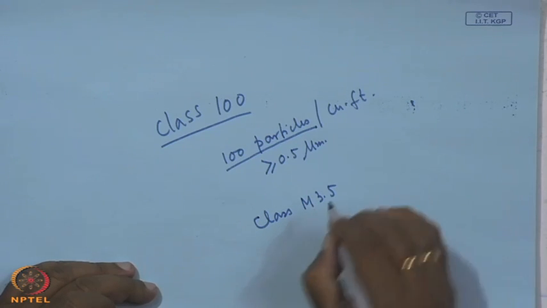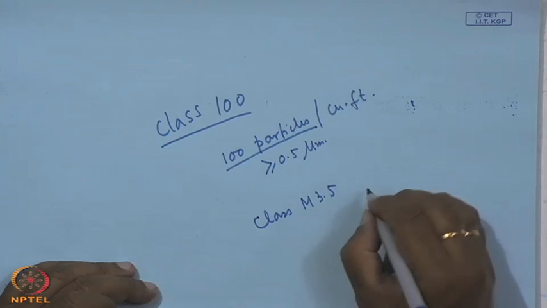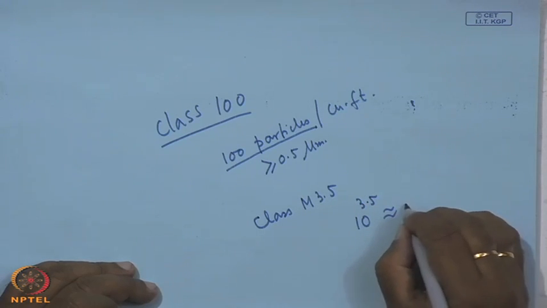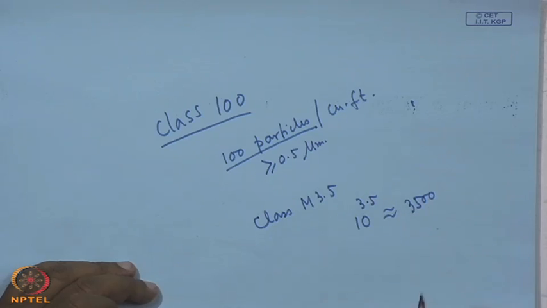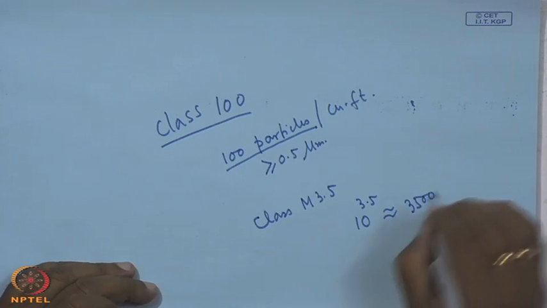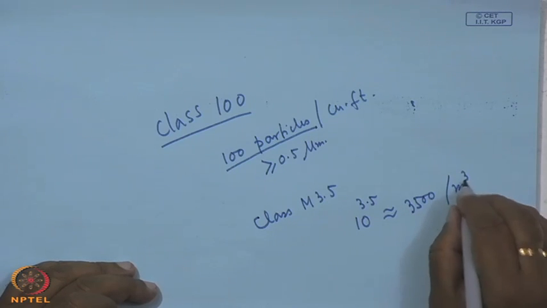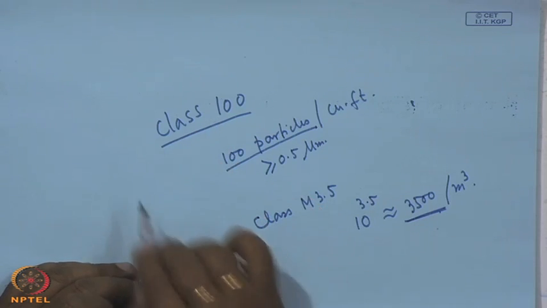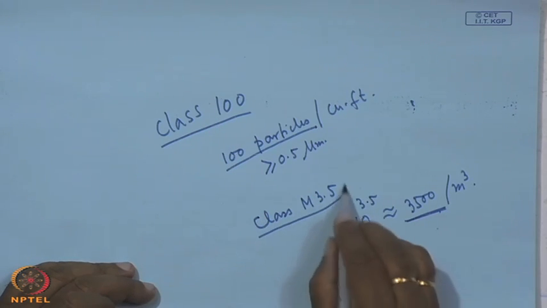M stands for metric, 3.5 means 10 to the power 3.5 or at the most 3500 particles per cubic meter, it is allowed. So, a class 100 clean room is equivalent to class M 3.5 clean room.